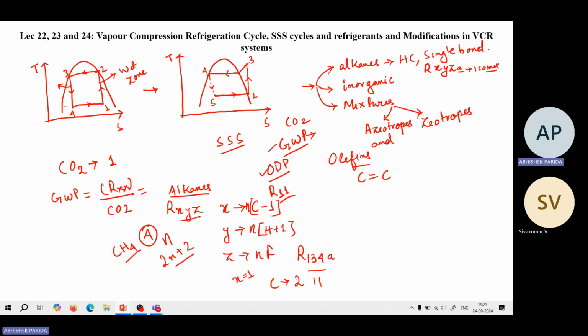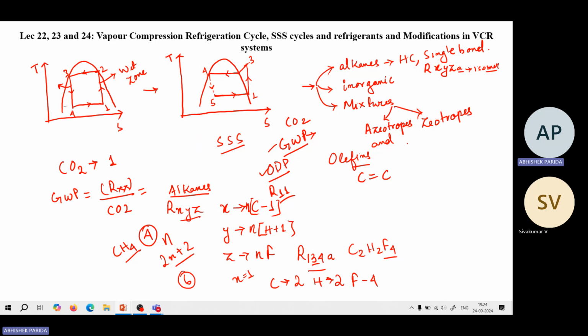Then H: Y is 3, which means the number of H is 2. And the fluorine atom count is 4. As the number of carbon atoms is 2, it can form 6 bonds. From the 6, the 2 hydrogen and 4 fluorine have already covered them. That is why this is C2H2F4. It doesn't have any chlorine, and thus this does not have any ozone depletion potential. That is why this is mostly used nowadays.